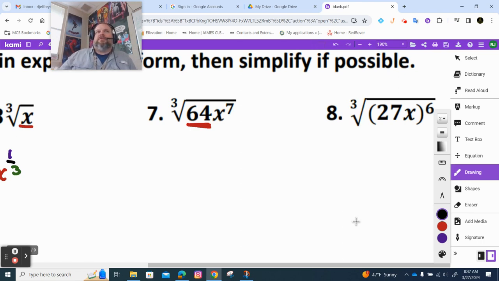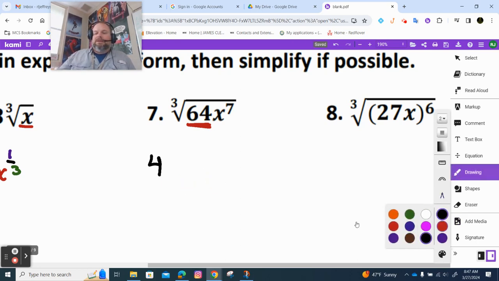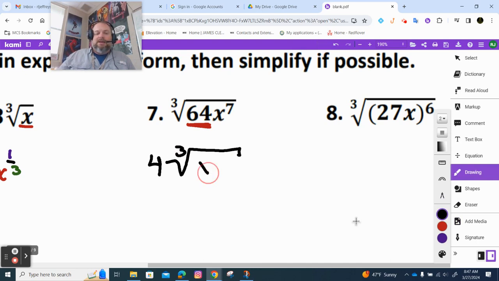What is the cube root of 64? 4. We're taking the cube root of 64.